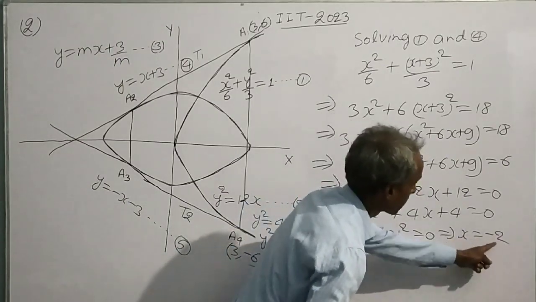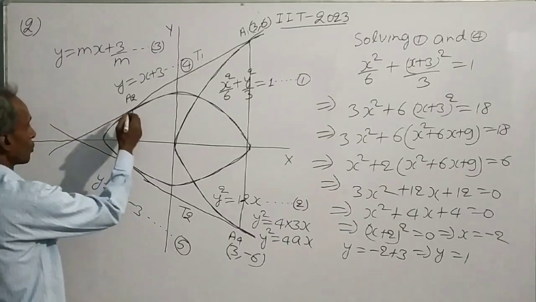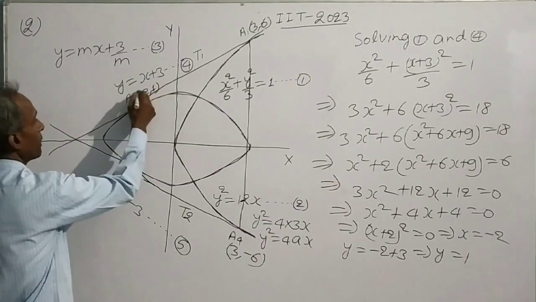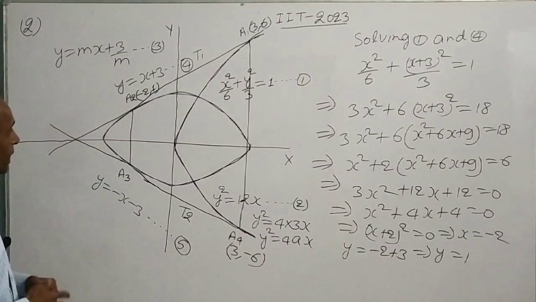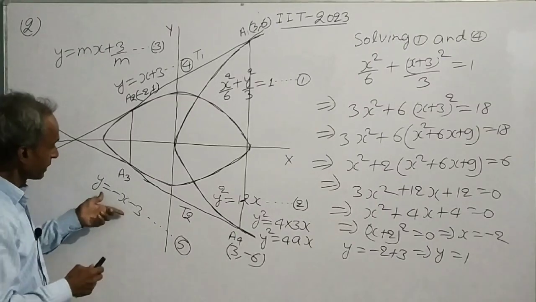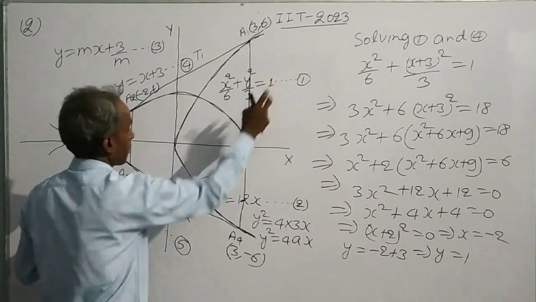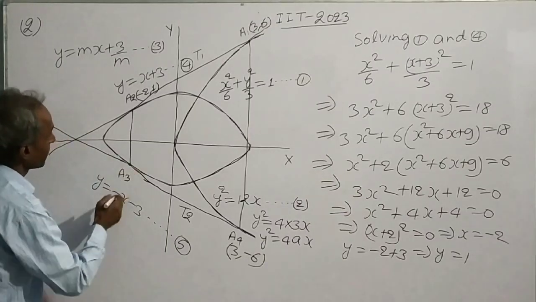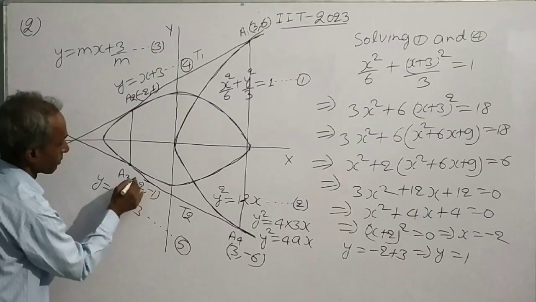Therefore minus 2, 1 is the coordinate of A2. Similarly, by solving equation number 5 and the ellipse equation, we will get the coordinate of A3 as minus 2, minus 1.